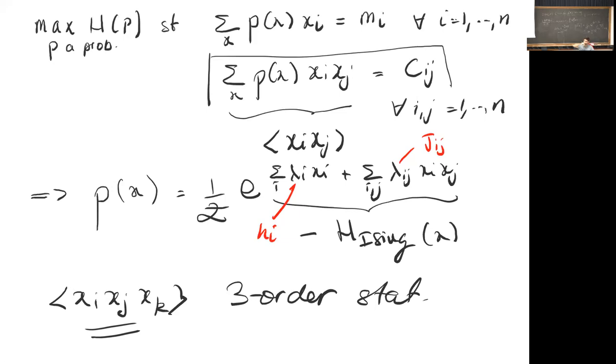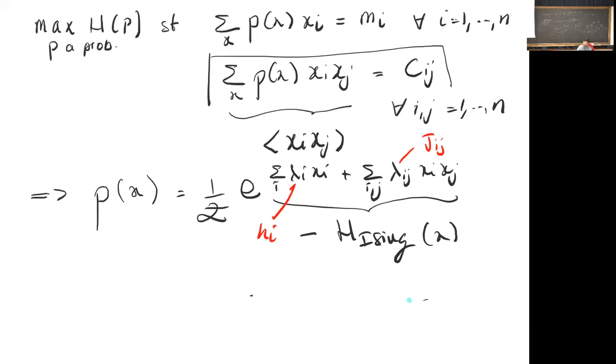An Ising model is not enough to encode statistics of third order like this. An Ising model only encodes, is enough to represent, knowledge about local magnetizations and two-body interactions.